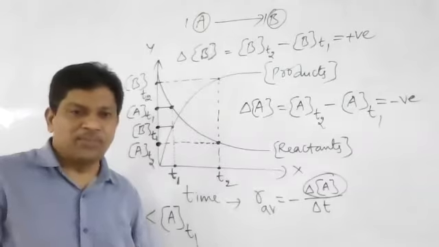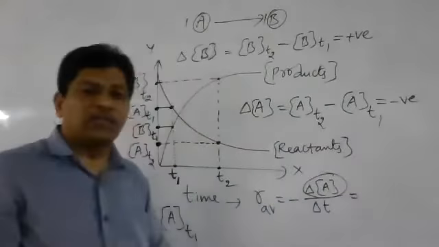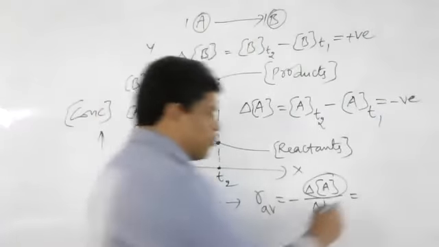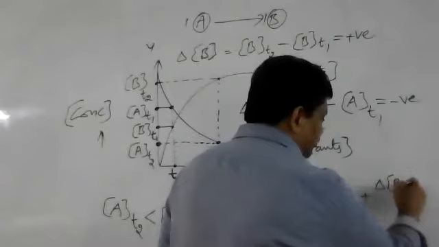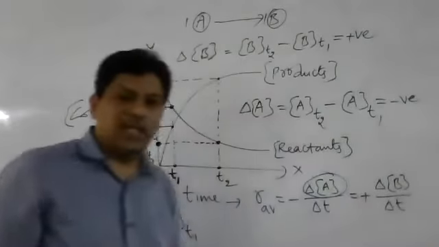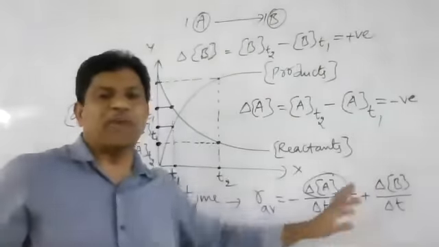Is the concept clear now? That is also equal to, in terms of product, do we use a plus sign or a minus sign? We use a plus sign: plus delta B by delta T. So this is the change of concentration of B with time.